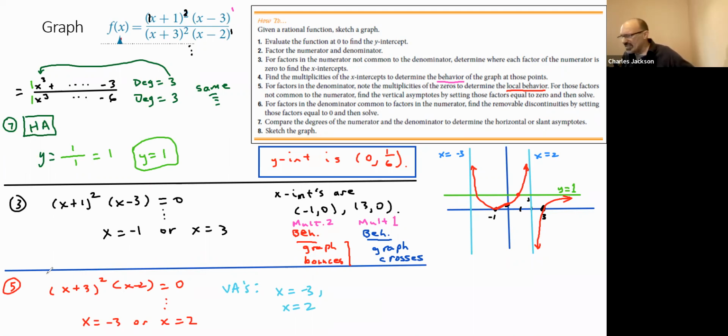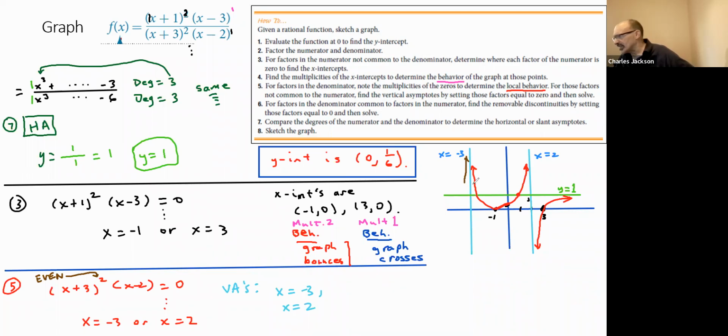Because that is even right there, we're going to have the graph come in the same way.